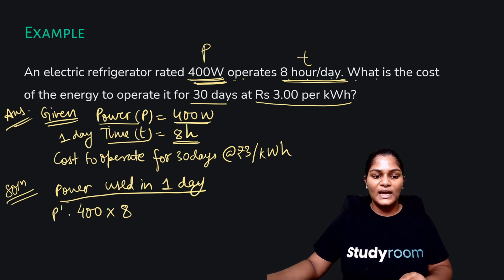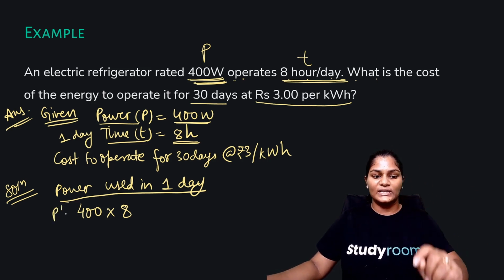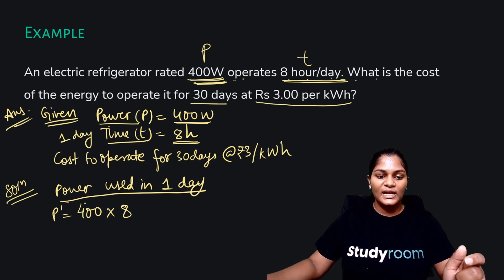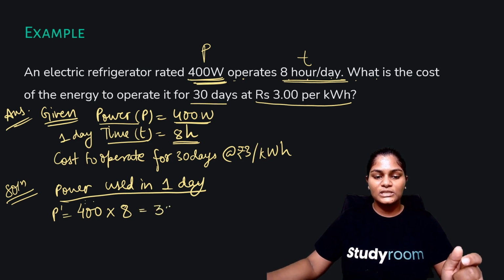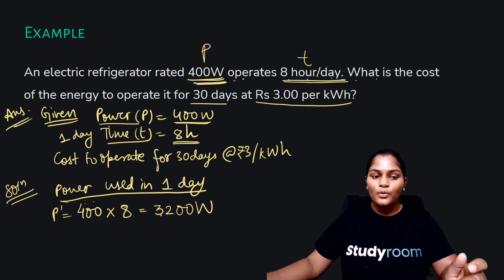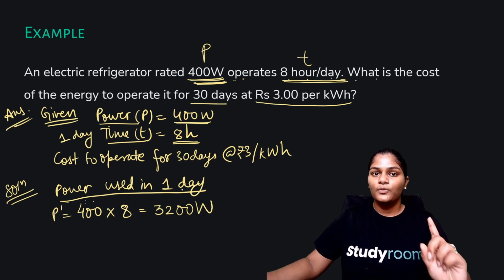So I write P dash. This is the total power used in 1 day. That's why I'm representing it by P dash. So what does this give me? 8 ones are 8, 8 twos are 16, 8 threes are 24, 8 fours are 32. So this is 3200 watts, right? Great.